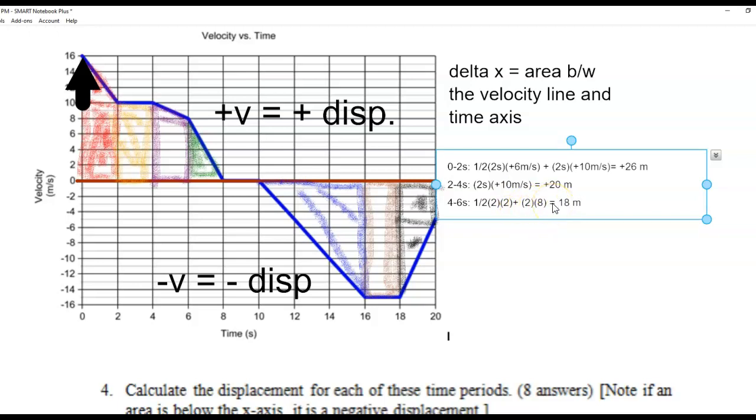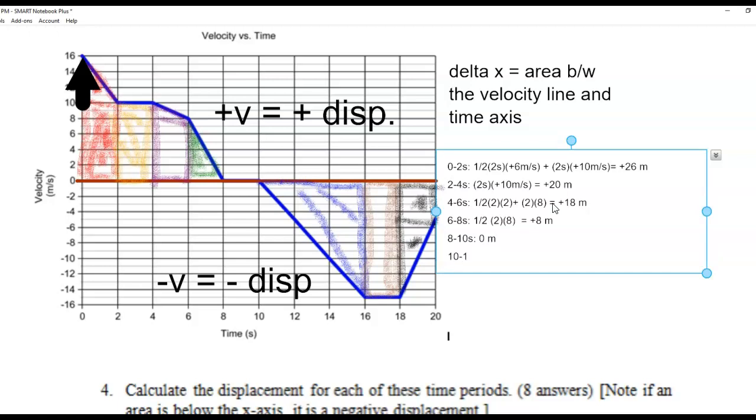Again, you could just put all this in your calculator. It's positive, so I'll just try to be consistent there. 6 to 8 seconds is another triangle, so it's 1/2. The base is 2, and the height is 8. So that's just going to get you positive 8 meters. 8 to 10 seconds is no area, so that's 0.